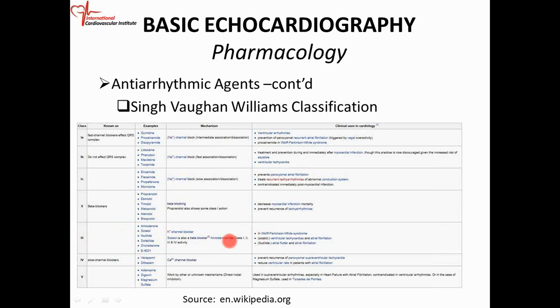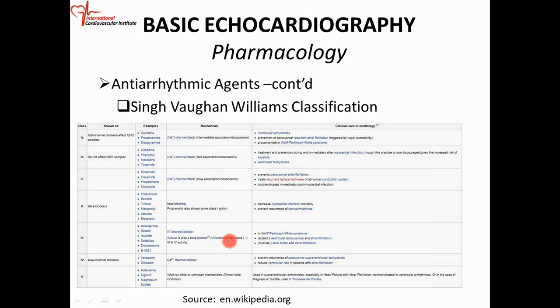Very important. If someone has what we call Wolff-Parkinson-White syndrome, and I'll go over that separately with you guys, you don't want to give a medication that's going to block the AV node.